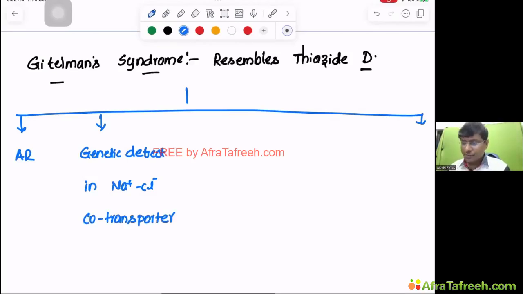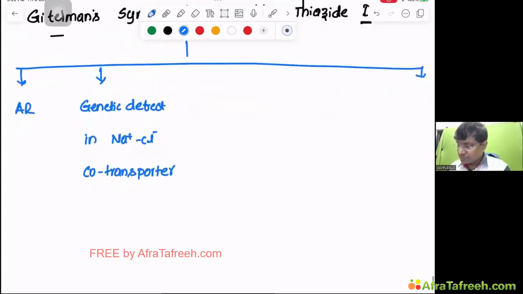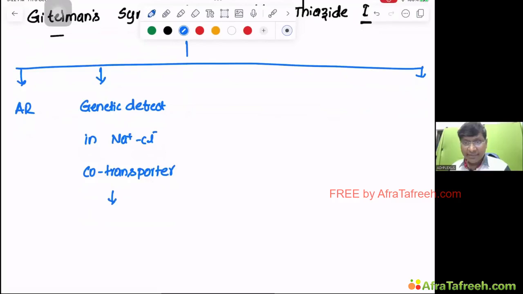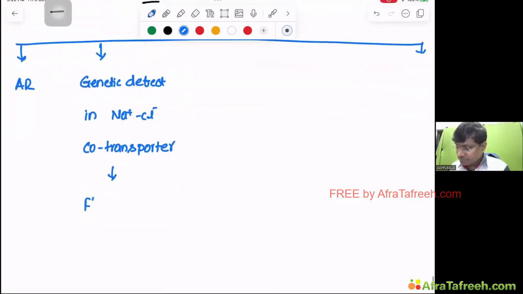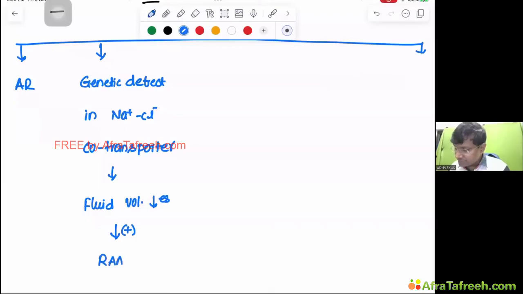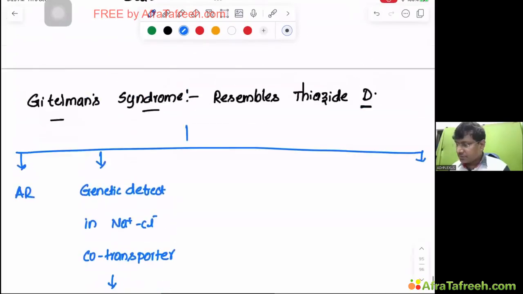Okay, so these patients, again same story. Once your sodium chloride co-transporter is not working, what will happen? The fluid volume decreases and there is activation of RAS. Okay, that is the problem in Gitelman's.